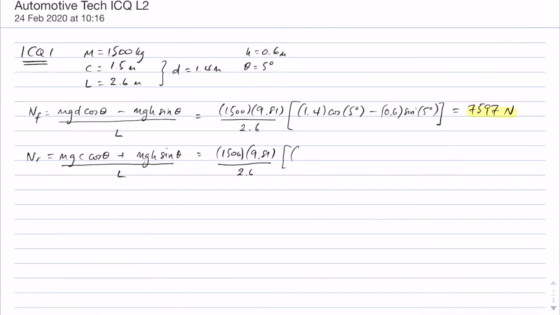And you have C, which is 1.5, cosine of 5 degrees plus 0.6 sine of 5 degrees. 7,062 newtons being the value for the rear normal load.